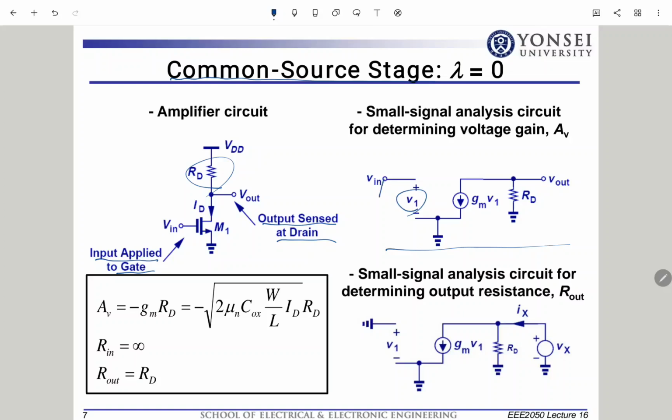We attach a test source at the gate side. Here is Vx. As a result, there should be some current flow here. What is this? Ix. That is equal to 0. Why? Because the gate side is an open circuit. Therefore, what is Rin?